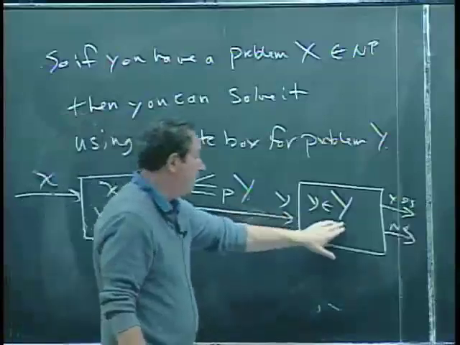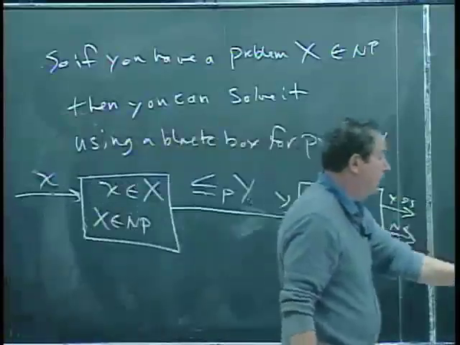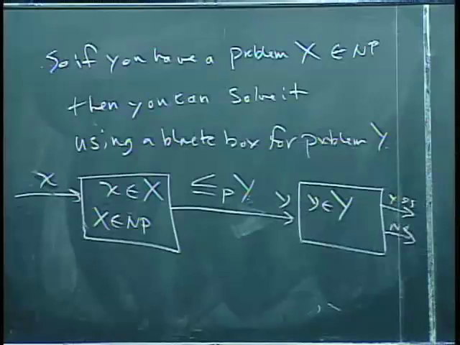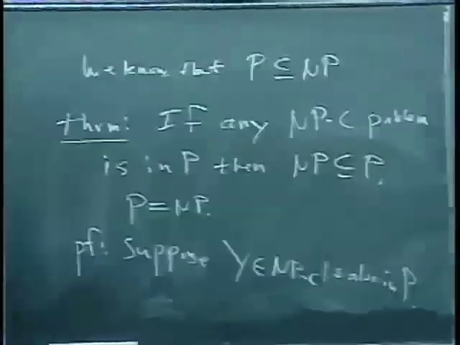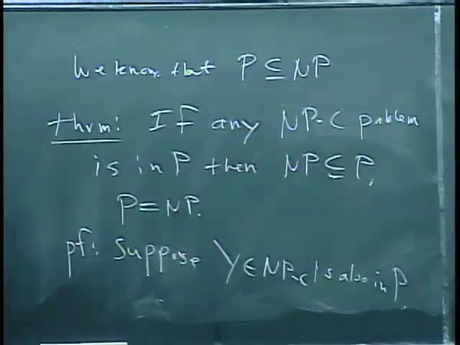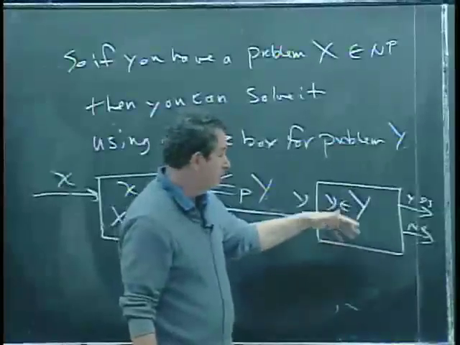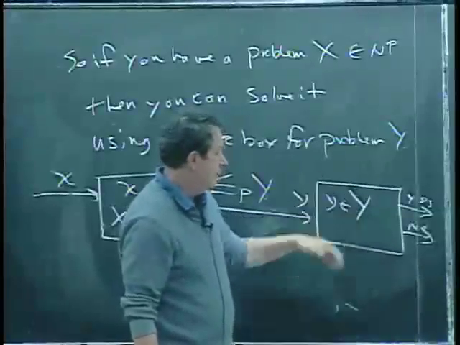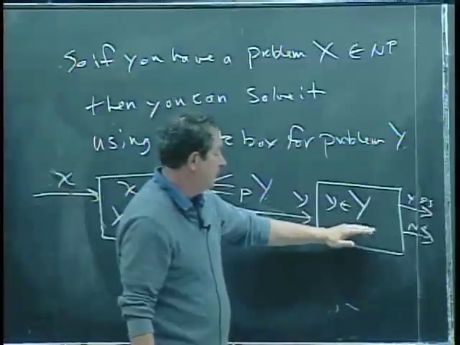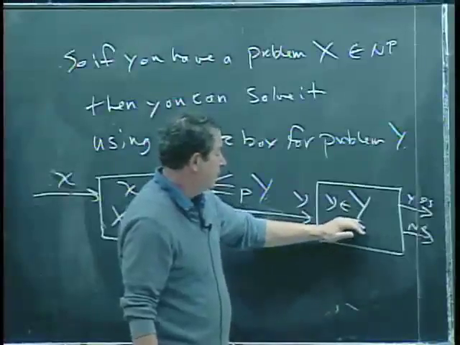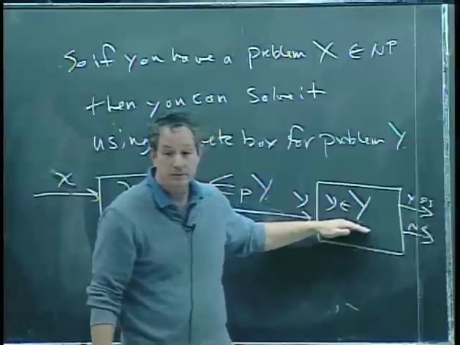And if it happens that Y is in P, that means that in this black box, we have a polynomial time algorithm that can always answer this question. Is this instance little y in capital Y? The assumption that capital Y is in P means there's a polynomial time algorithm for answering this question.